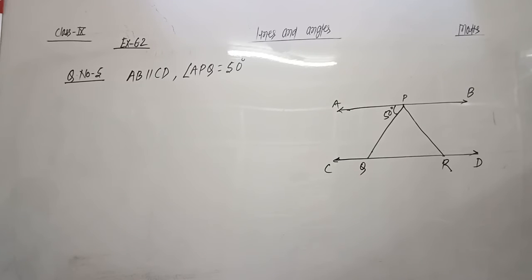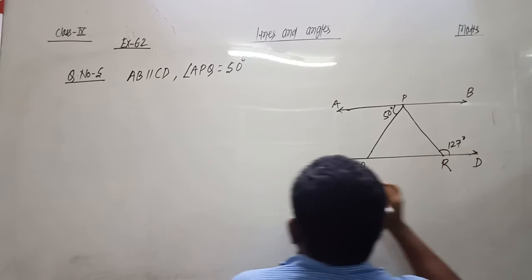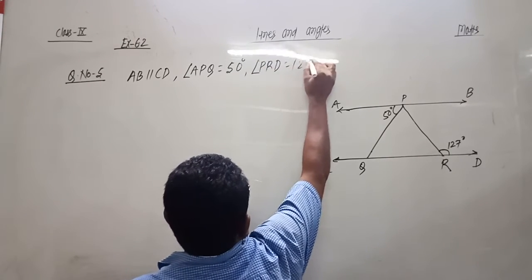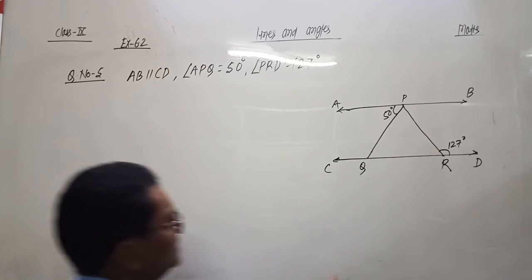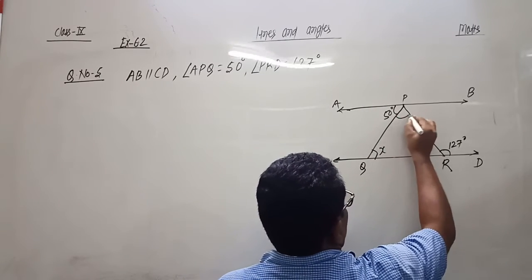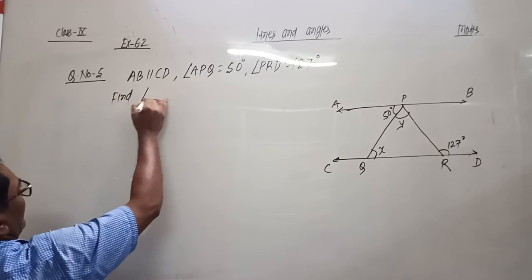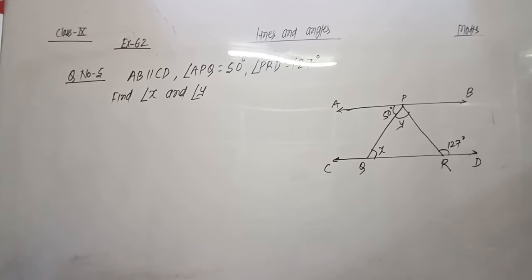And angle PRD is 127 degree. Then find angle X and angle Y. This is angle X and this is angle Y. We have to calculate angle X and angle Y.